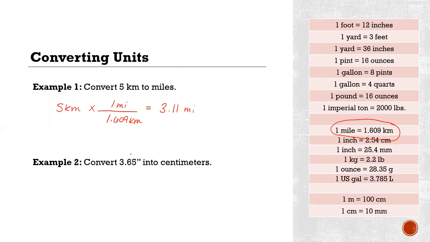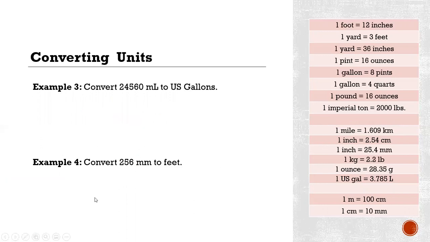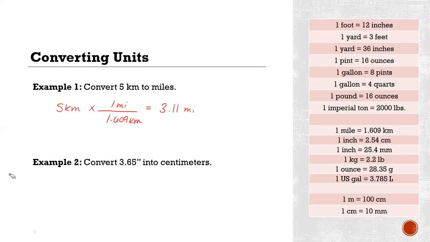Convert 3.65 inches into centimeters. So we want to find that one. And it looks like I need to erase a little bit here. There we go. And in order to do that one, we want, oops, let me go back. There we are. I think I selected a pointer or something.